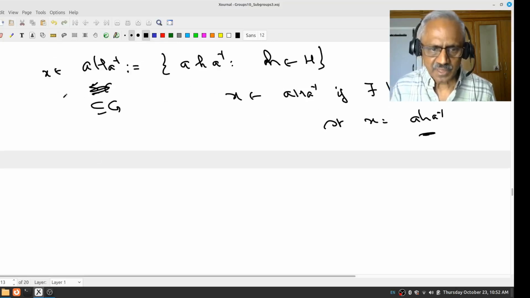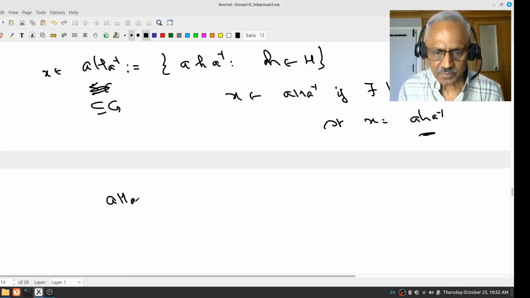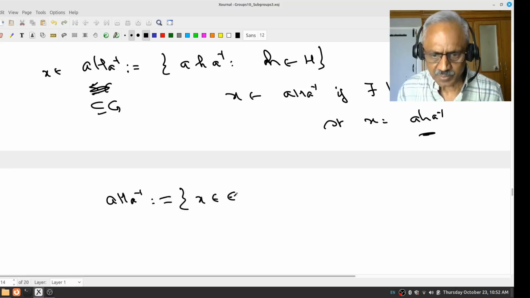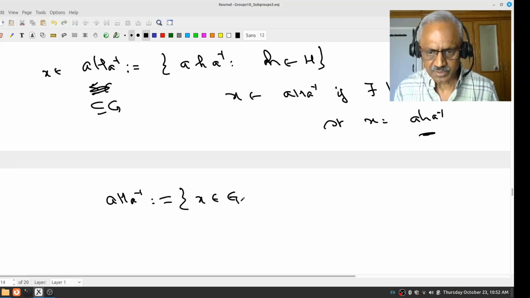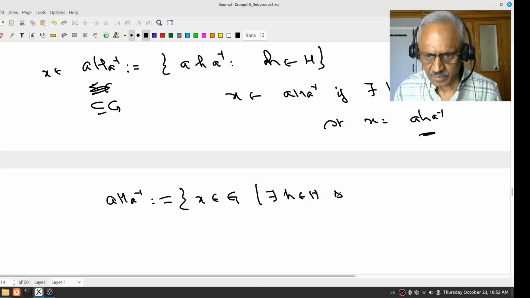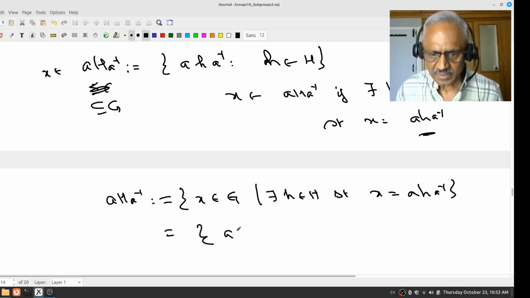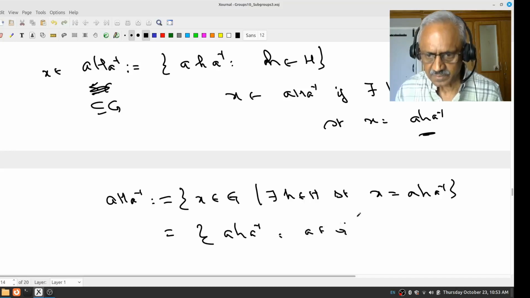Any subset is defined by means of a condition. Therefore, it is the set of all elements x in G so that there is h in H so that x is a h a inverse. So loosely we will write it as the set of all elements a h a inverse, h in H.